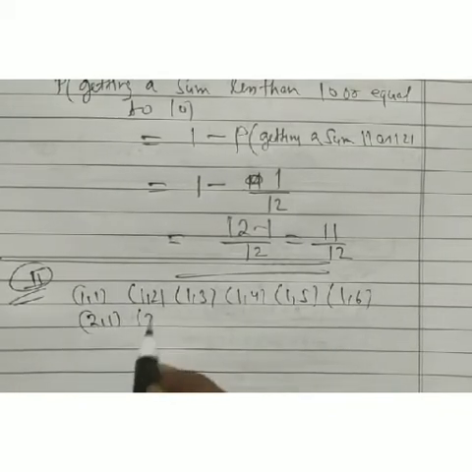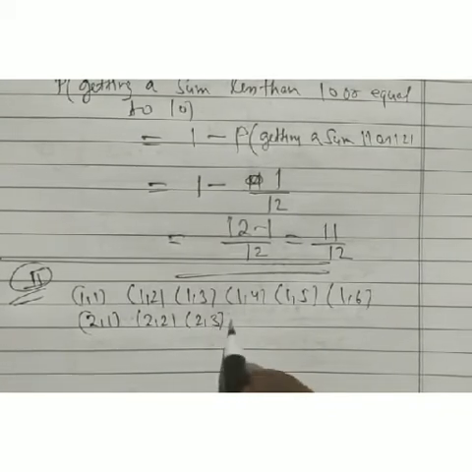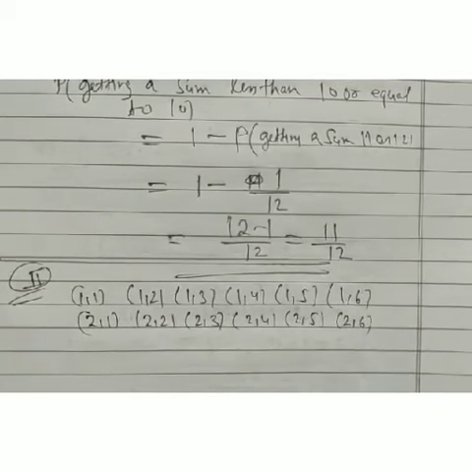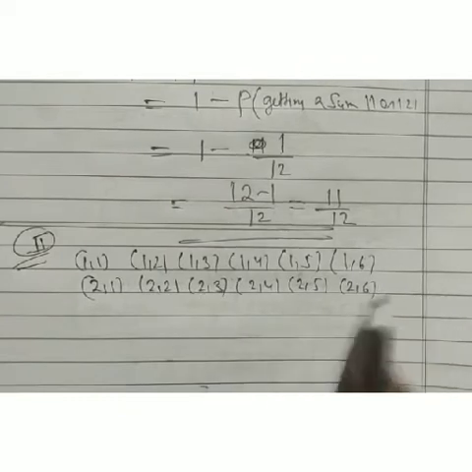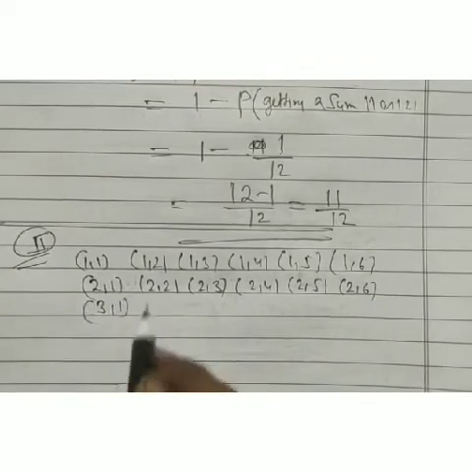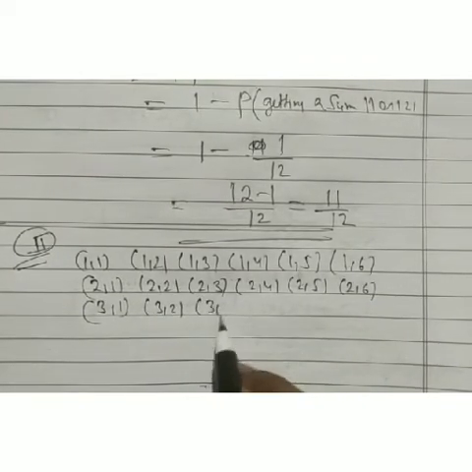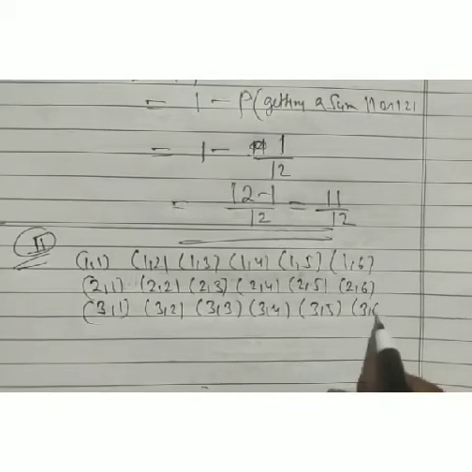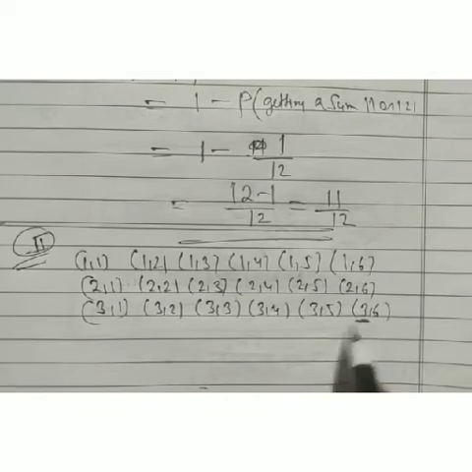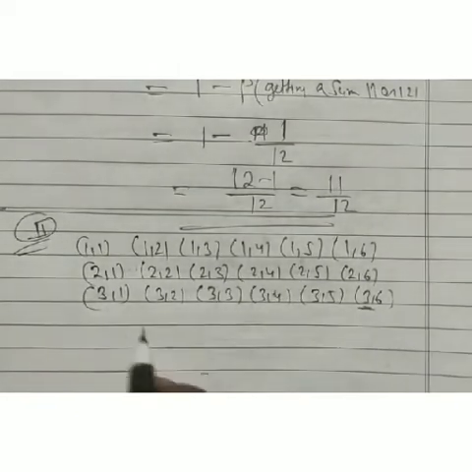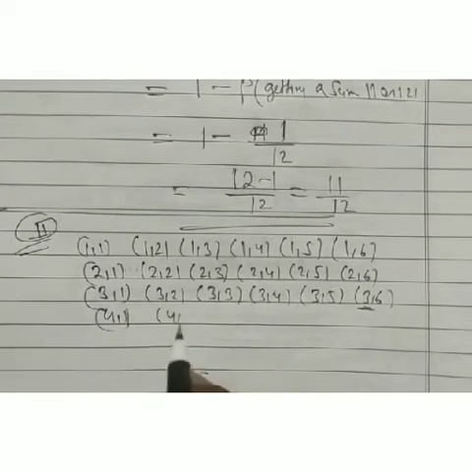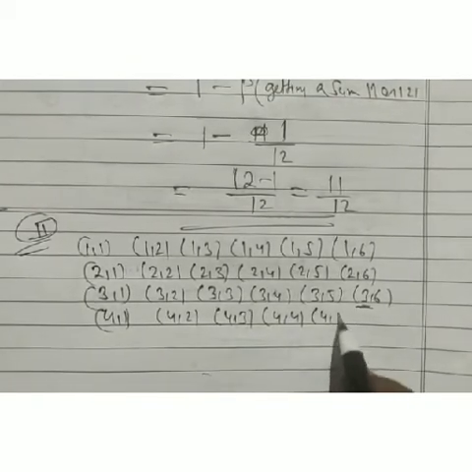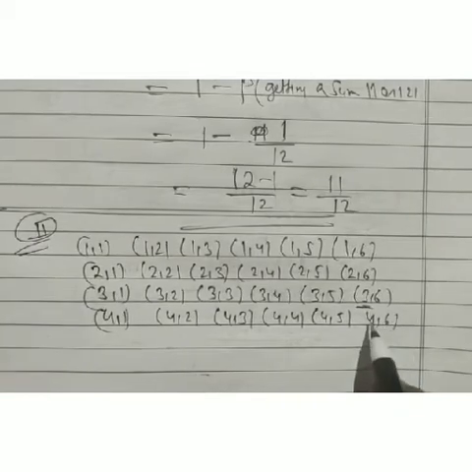Then 2 1, 2 2, 2 3, 2 4, 2 5, 2 6. Again all sums are less than 10. 3 1, 3 2, 3 3, 3 4, 3 5, 3 6. Again the sum is at most 9, so it's less than 10. 4 1, 4 2, 4 3, 4 4, 4 5, 4 6.